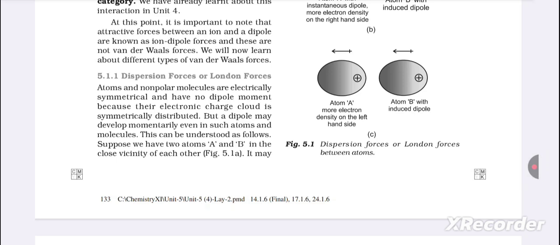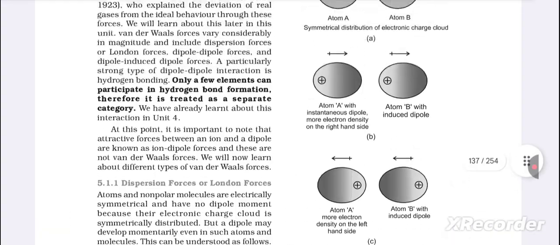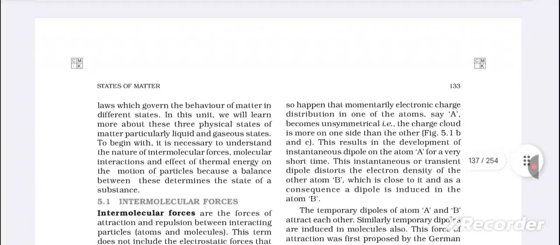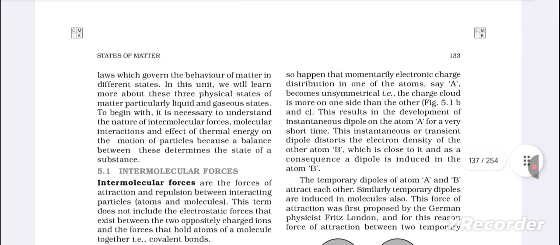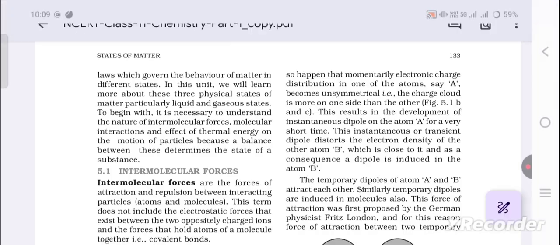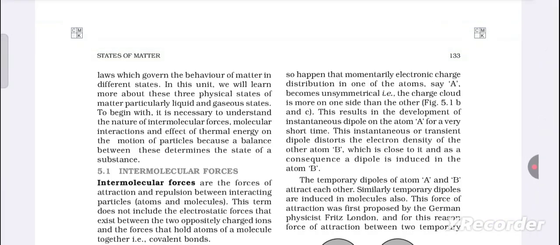Suppose we have two atoms A and B in the close vicinity of each other. It may so happen that momentarily the electronic charge distribution in one of the atoms, say A, becomes unsymmetrical. That is, the charge cloud is more on one side than the other. This results in the development of an instantaneous dipole on the atom A for a very short time.